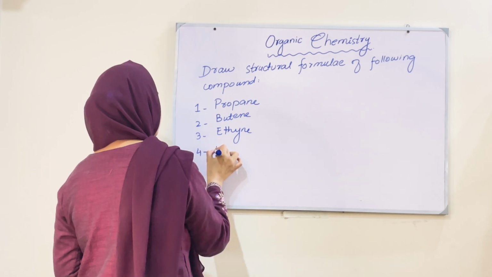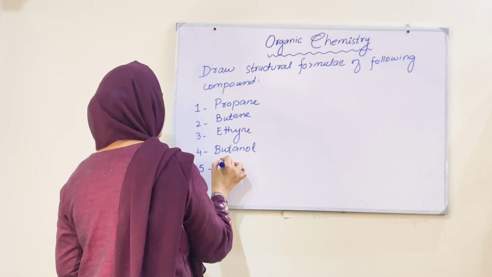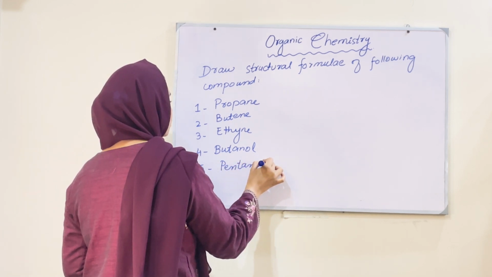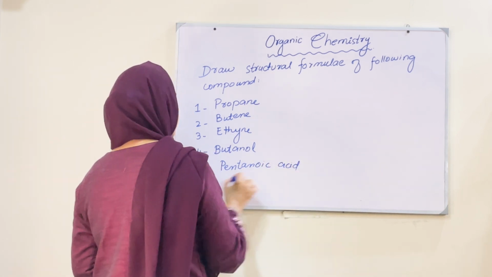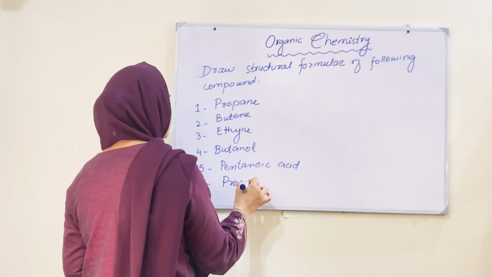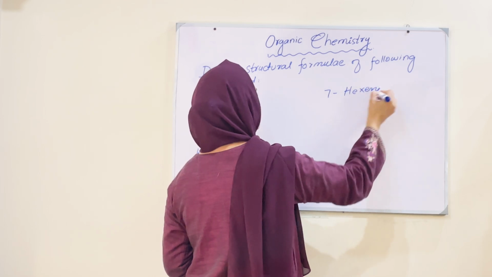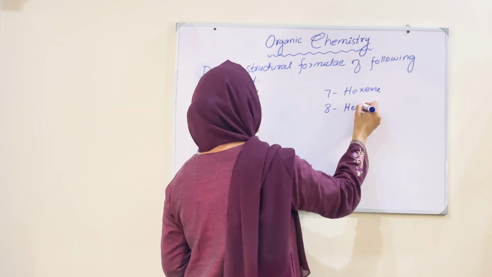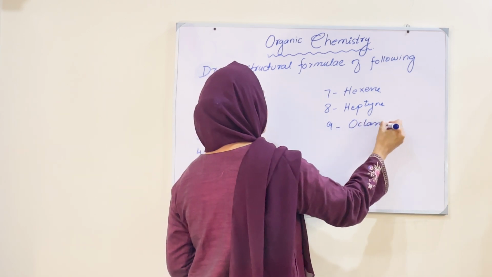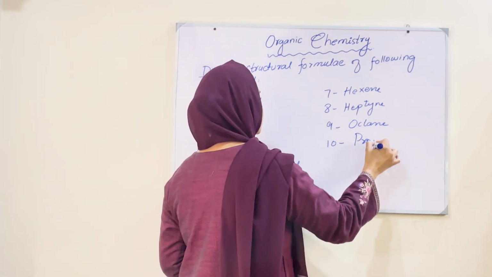Number 4, butanol. Number 5, pentanoic acid. Number 6, propanol. Number 7, hexene. Number 8, heptane. Number 9, octane. And number 10 will be propanoic acid.